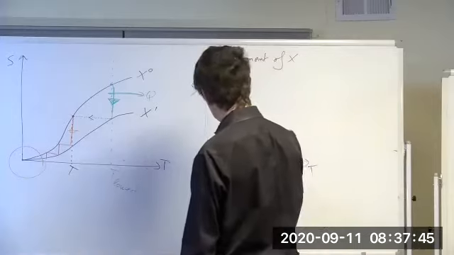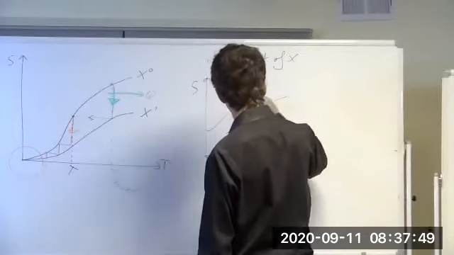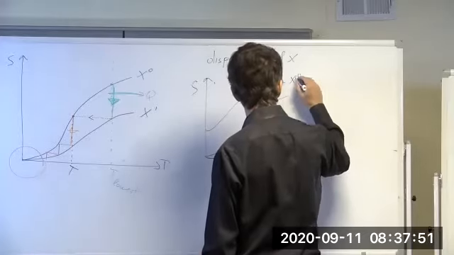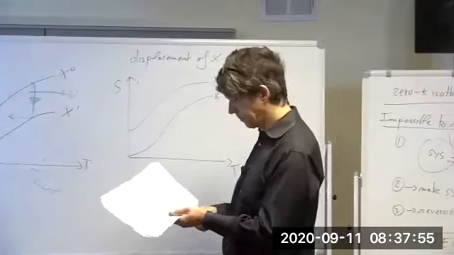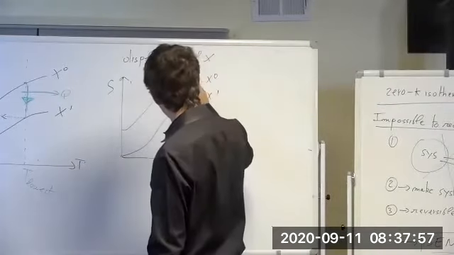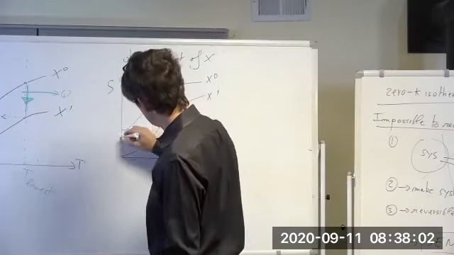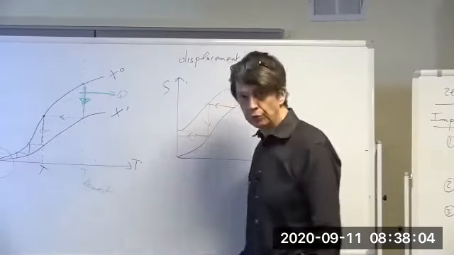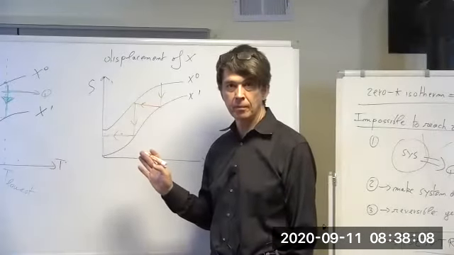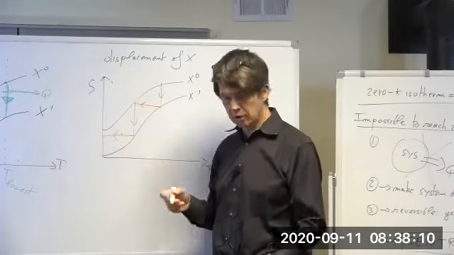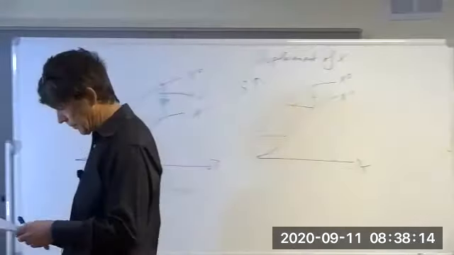Then I would have different entropy values. This would be x naught, this would be x prime. And then all I need to do is a few steps of this, right? Bam, I'm at 0. I do 2 work delivery processes here and I'm at 0, I'm done. Right. So the third law is consistent with this idea that you cannot reach 0 Kelvin.